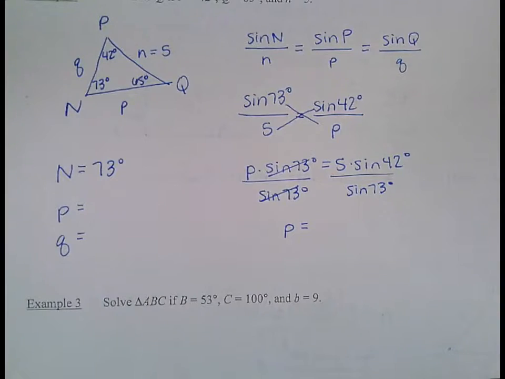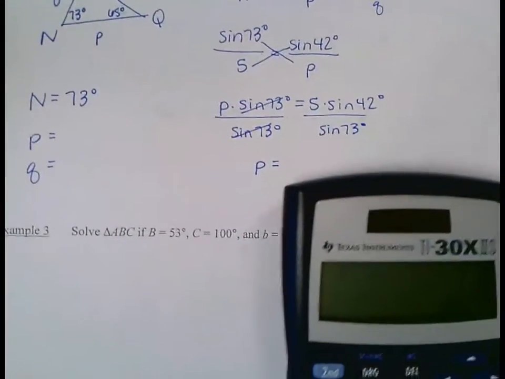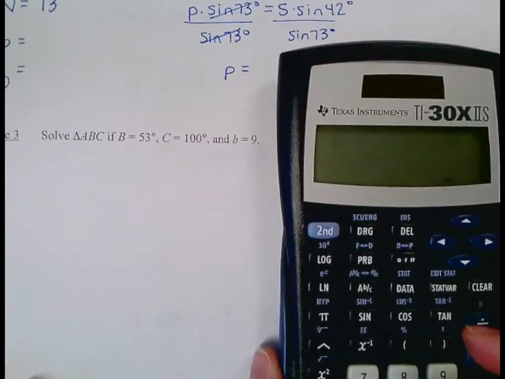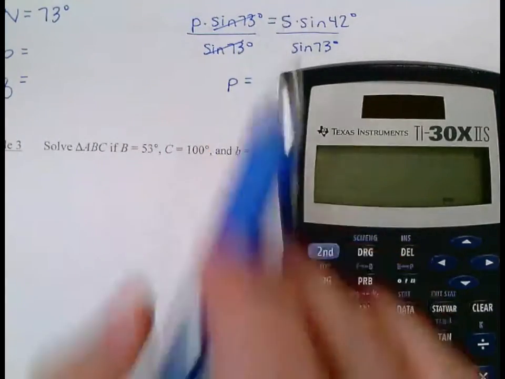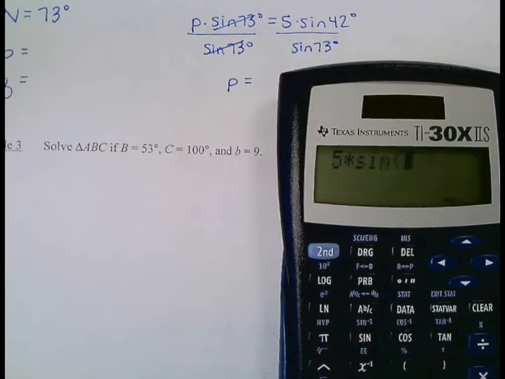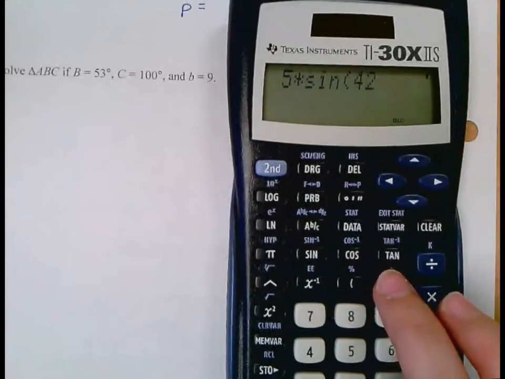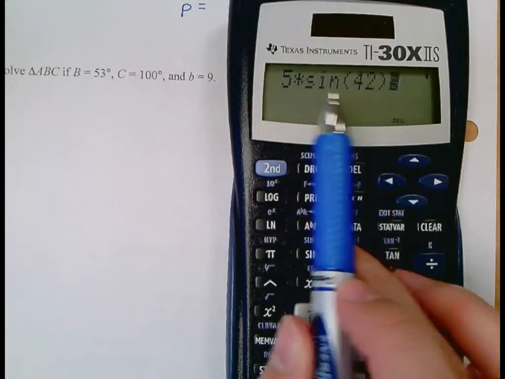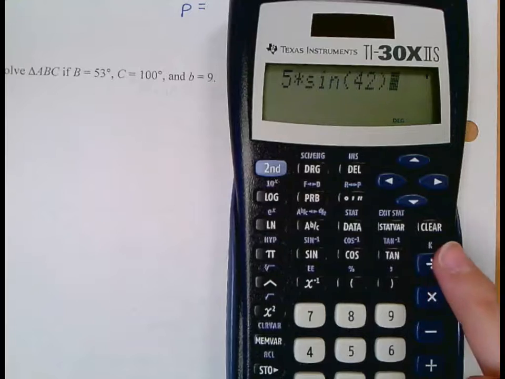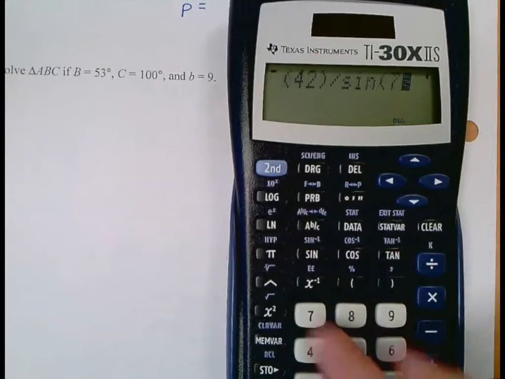And I can just type this into the calculator. Careful though how you type it in. When I'm typing this in, I'm going to type in 5 times sine of 42 degrees. You can either hit enter here and then divide by sine of 73, or at the very least you would have to close the parentheses after sine of 42, and then divide by sine of 73.